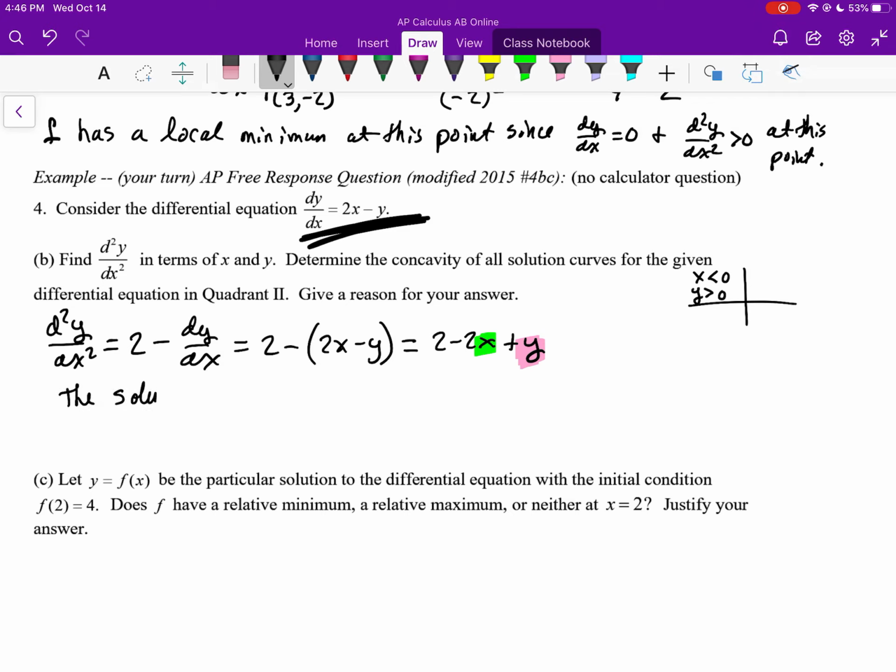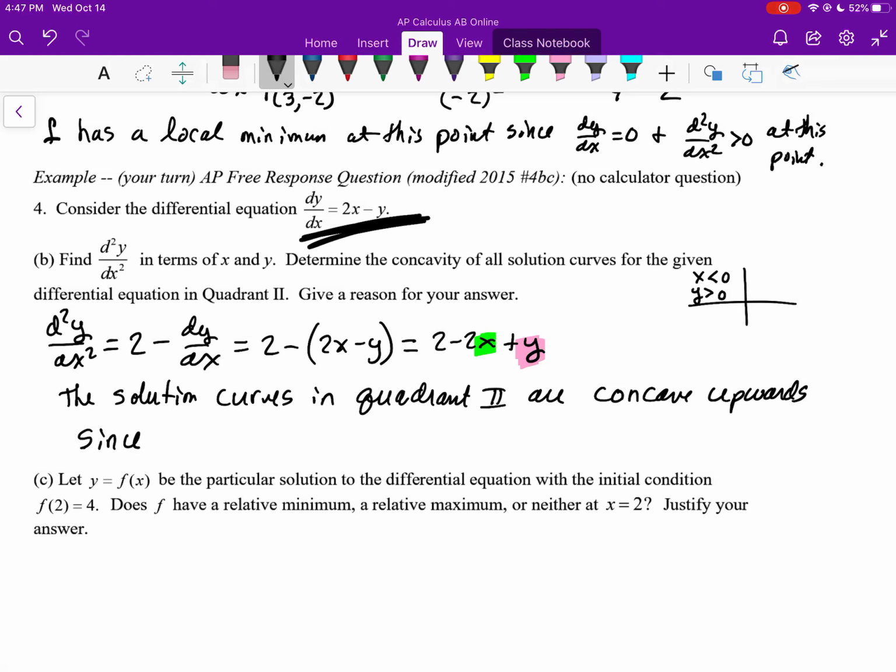So we're going to say the solution curves in quadrant 2 are concave upwards. And then we're going to give our reason. What is our reason?